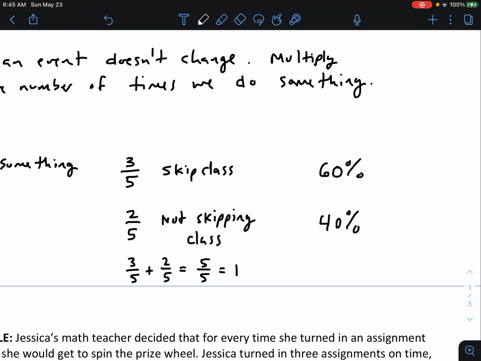So the complement is the two numbers that cause the probability to be equal to 1. Well, in this case it's 100, because 60 plus 40 is 100%. If you remember, 100% is the same as saying 1. So we're getting to that same 1. The idea of the complement is what's the probability of something not happening.